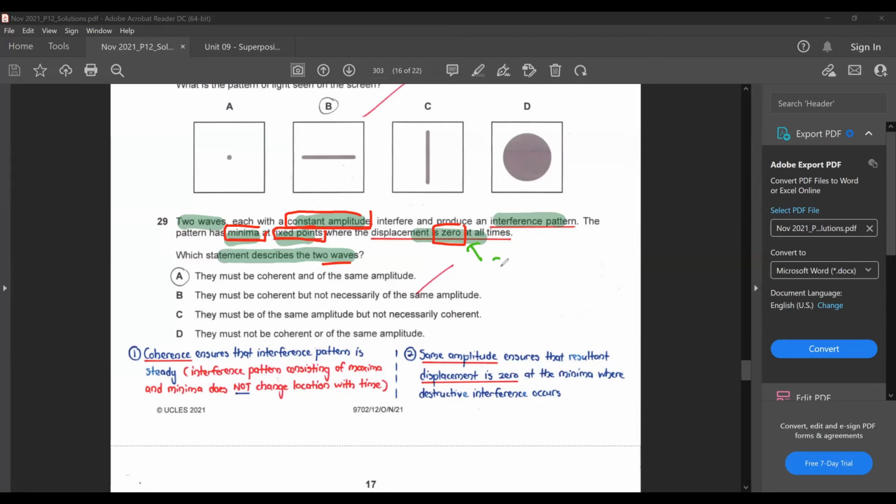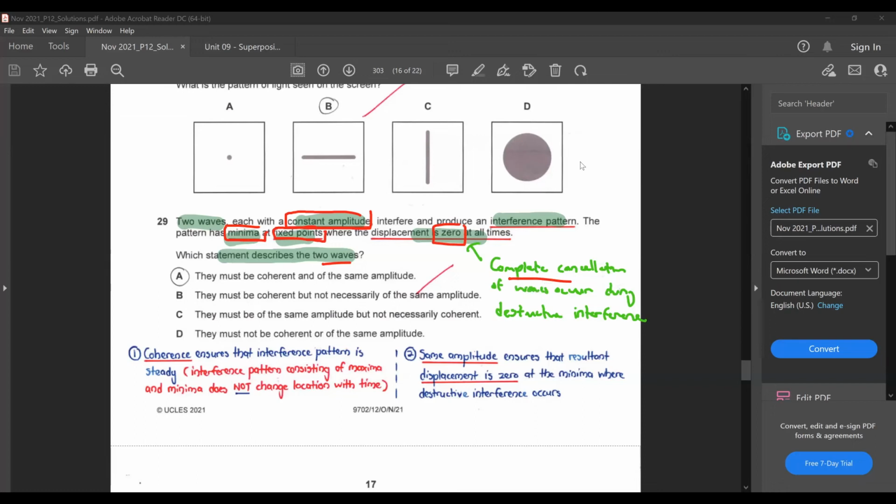Complete cancellation of waves occurs during destructive interference. Okay, when you see that the displacement is zero, it tells you complete cancellation of waves during destructive interference.